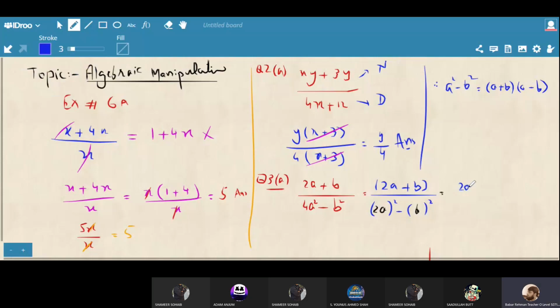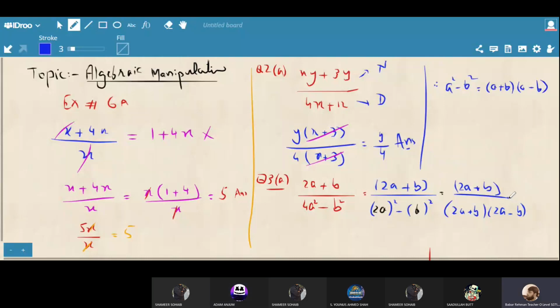The numerator will remain the same, 2a plus b. Now the denominator can be written as a plus b and a minus b, where a is 2a and b is b. So 2a plus b and 2a minus b.